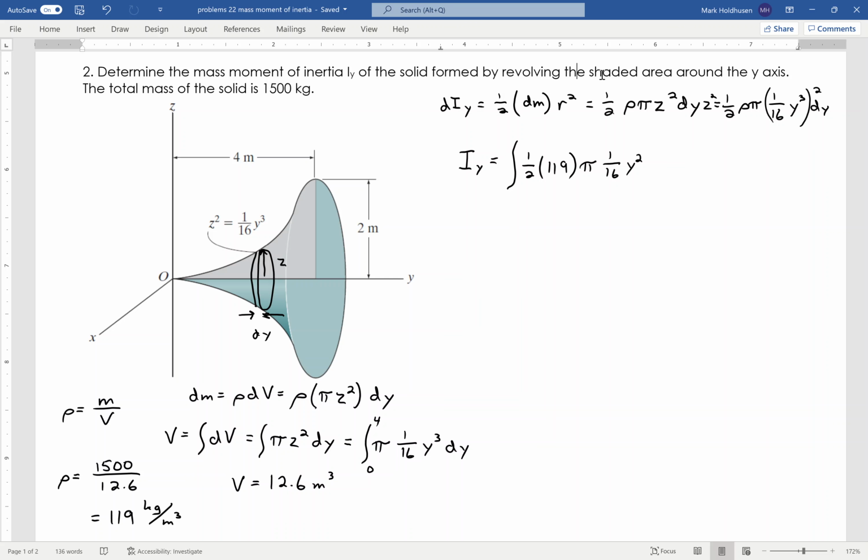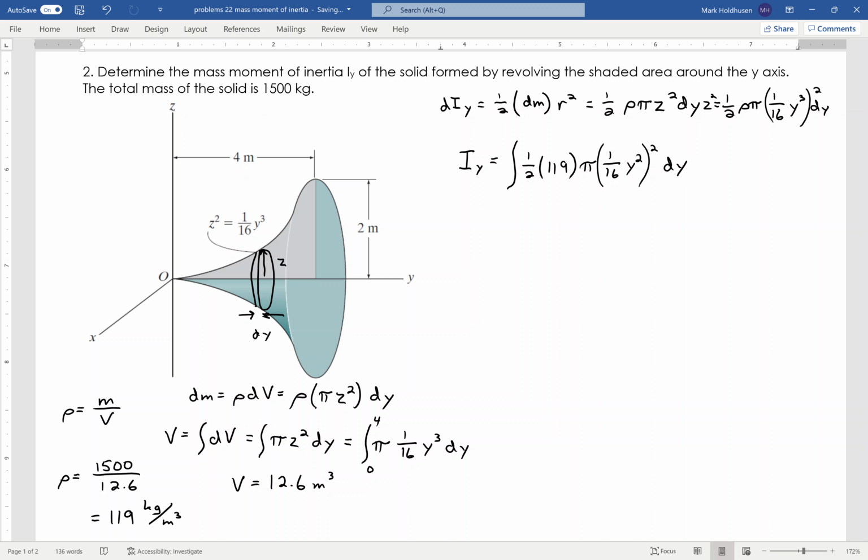That's z squared, so it's basically z squared times z squared, which is that 1/16 times y cubed, all of that squared. It's basically z squared squared, right? I've got two of them, so they throw in there like that. I apologize for forgetting that.